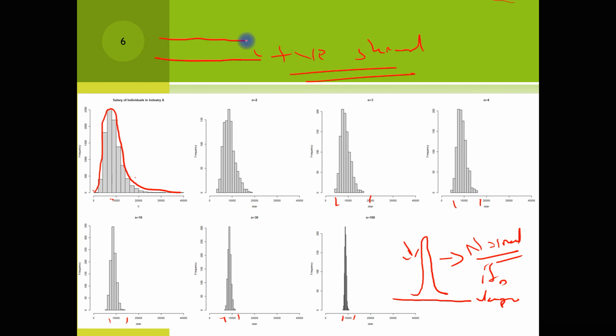Then what happens is that x bar will still follow a normal distribution, irrespective of what the population might have been. We don't really need to worry about the population shape because x bar will still be normal if, of course, n is large. All right, just something that I forgot to mention in the central limit theorem.